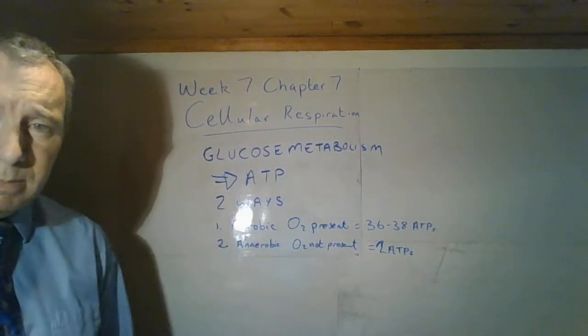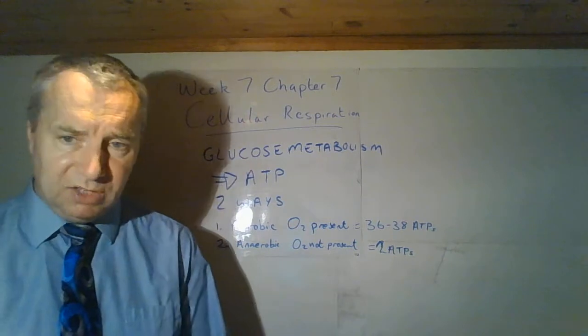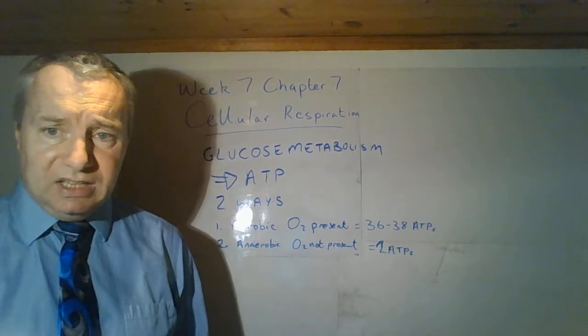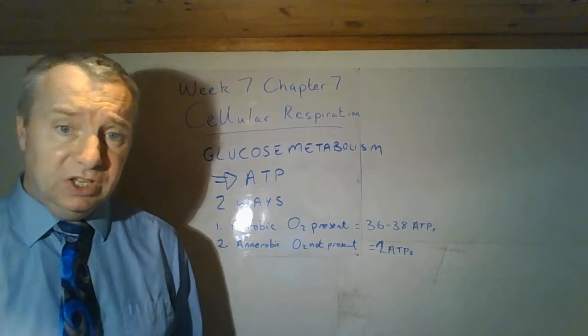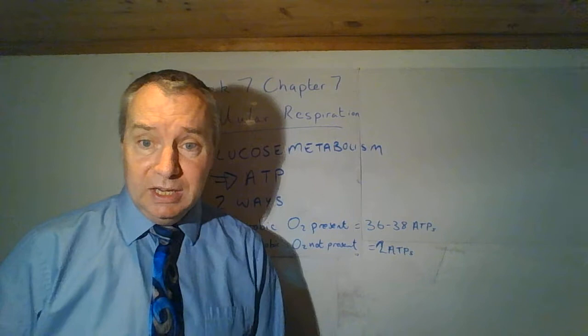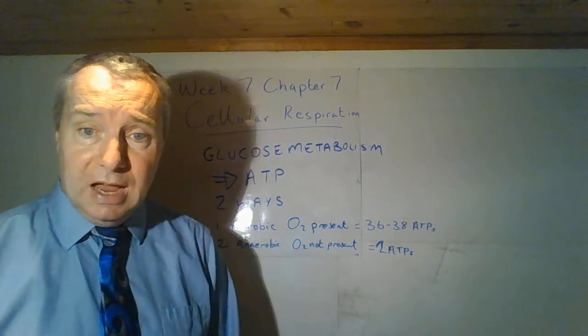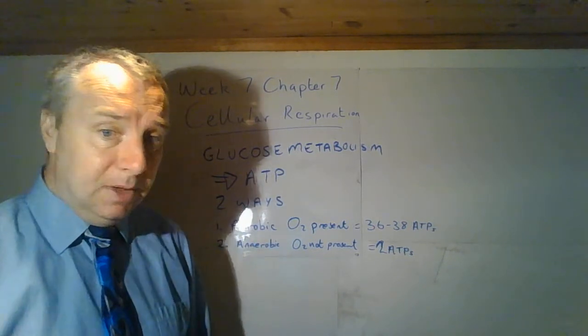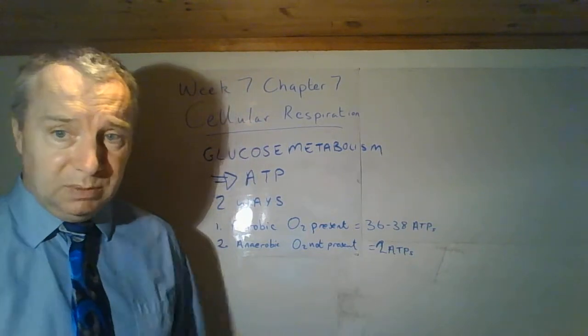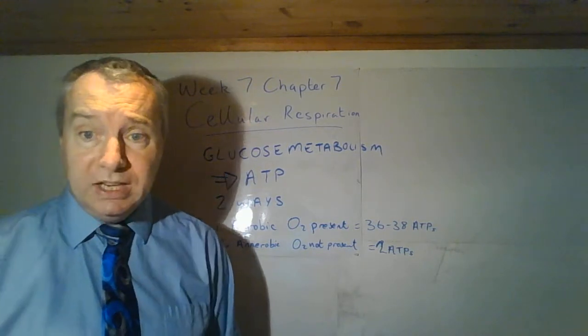There's some argument about this final number of ATPs for aerobic. Even the lowest estimate is about 32, which is a lot better than 2. So that's really what we need to know in this class, that aerobic produces 36 to 38 ATPs, and anaerobic, there's no dispute about that one. It is only 2 ATPs.